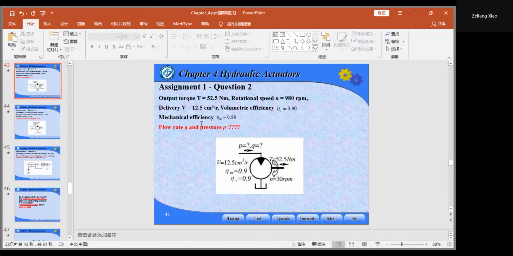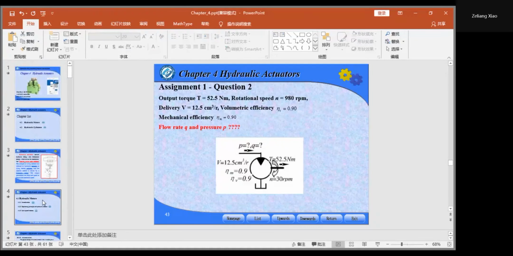The flow rate and pressure can be calculated by the equations we have described in the slide.